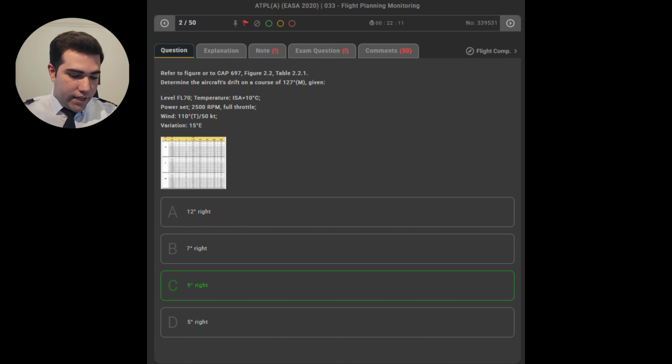So I need to take the sine of 32. Sine 32 is 0.5299, something like that. I multiply this by 50 because it's the wind speed. I get 26.4959. What I will do right now is multiply this number by 60 as the formula says and divide it by our true airspeed.